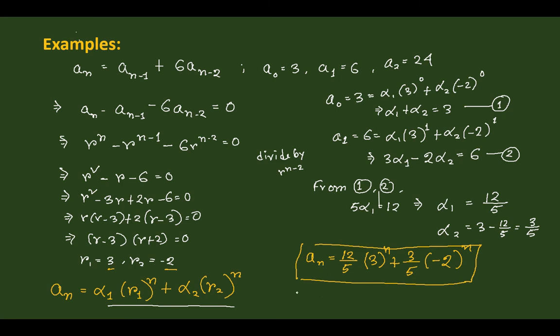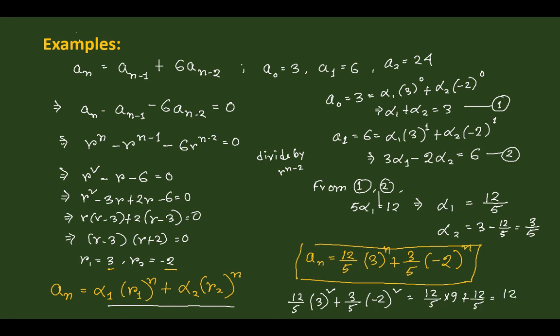If n equal to 2, that would be 12 by 5 times 3 to the power 2, or 3 square, plus 3 by 5 times minus 2 square. So it would be 12 by 5 into 9 plus 3 by 5 into 4. Minus 2 into minus 2 is 4. So 4 into 3, 12 divided by 5.